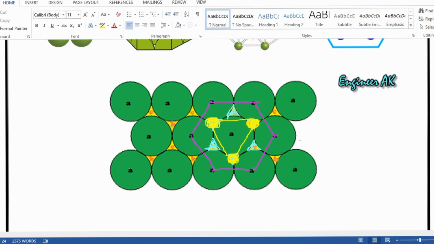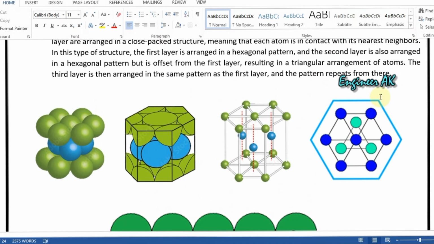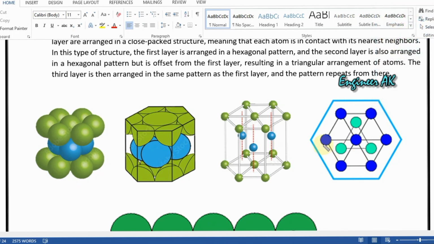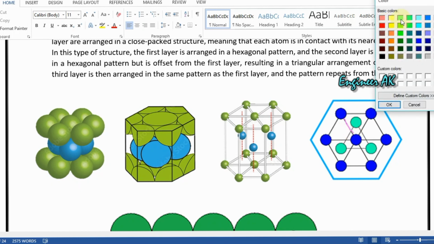Hope you understand that. Now let me show you above in this diagram. Let me select a color. So here you can see that this is a triangle, or let me pick another one, yellow one.